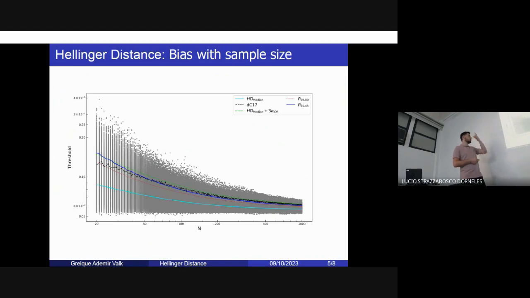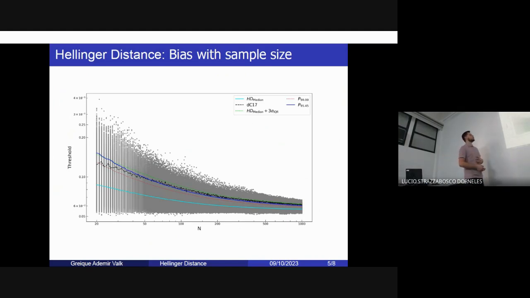We use our threshold value to separate Gaussian velocity distributions from non-Gaussian velocity distributions, the 90th percentile, shown in blue in this figure here.